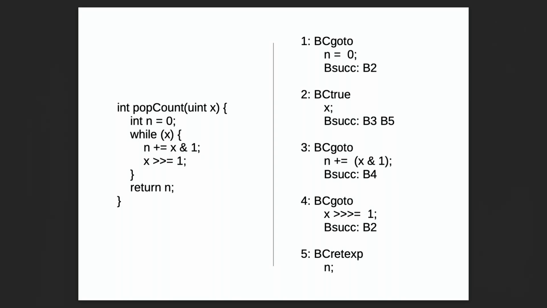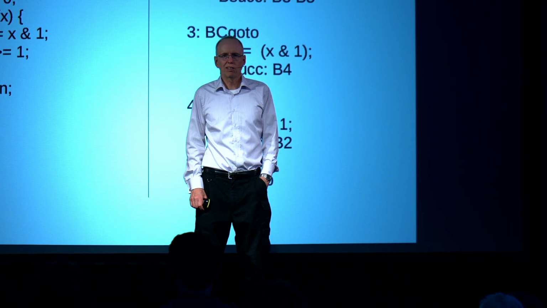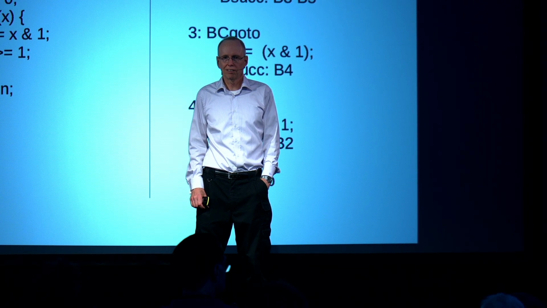You have the 5 blocks. The if statement turns into an if true, a go-to goes to the next statement, which goes back up to the beginning of the loop. The BC true up there has 2 successors. One is the loop body, and the other one is what happens after the end of the loop. Interestingly, there are no high-level constructs here. It all consists of go-tos.